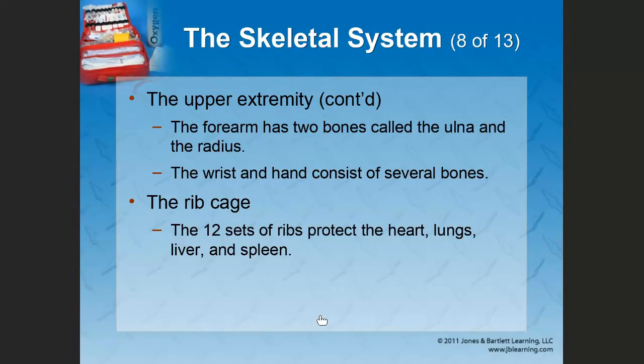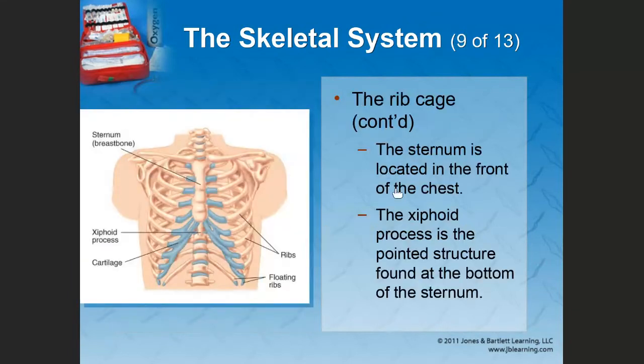Now, the rib cage, 12 sets of ribs protect the heart, lungs, liver, and spleen. The sternum is located in the front of the chest. That's the breastbone.